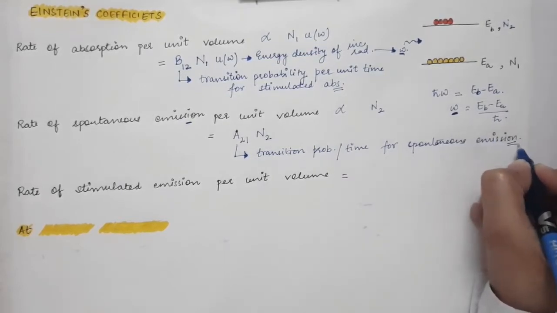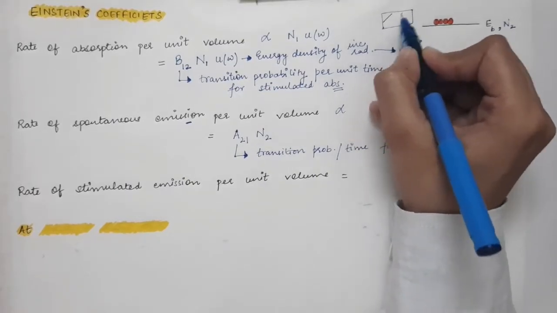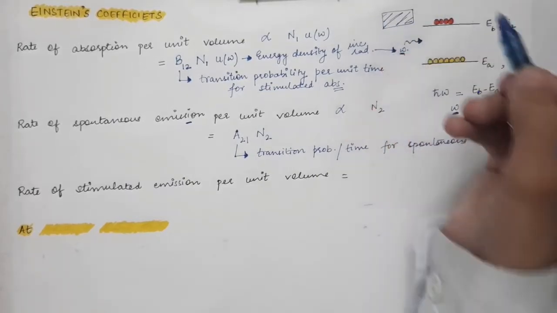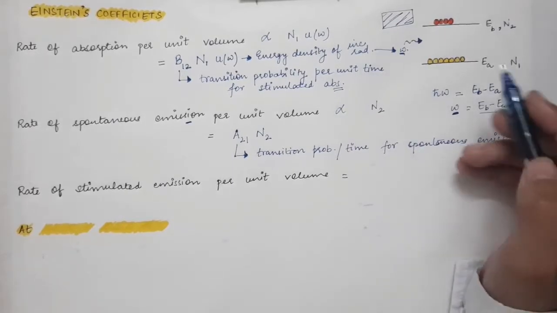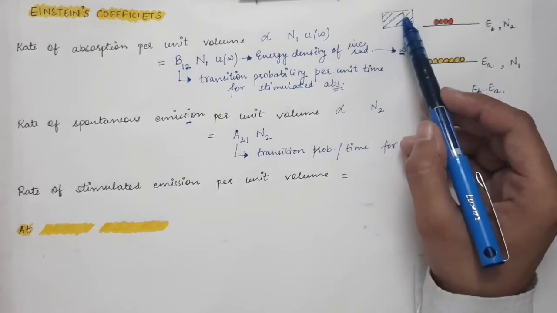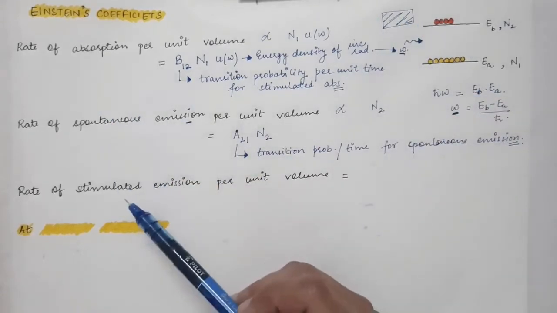So in the case of laser, as I have already said, we use a gain medium. This gain medium can be a gaseous medium or a semiconductor material. Only in this gain medium will all these three processes occur.